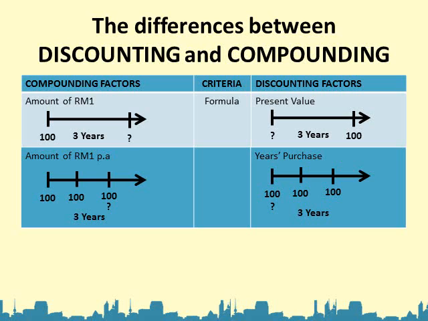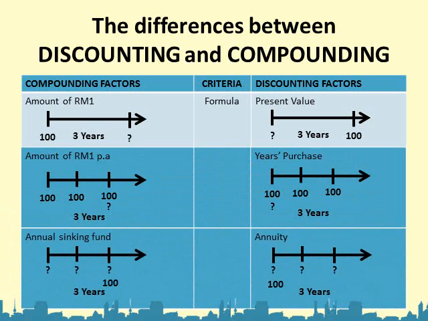So we want to calculate the expected amount to be received every year, but we want to calculate the total amount today. So of course it is a discounting factor, because the amount will be smaller or reducing compared to the total amount received, because the value of money today and the value of money in the future are different.